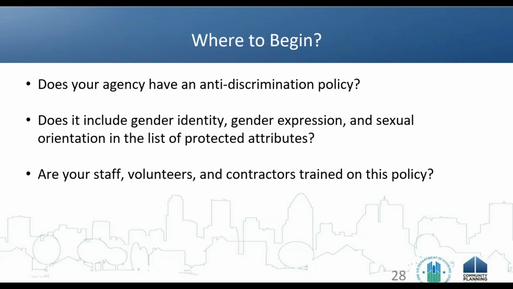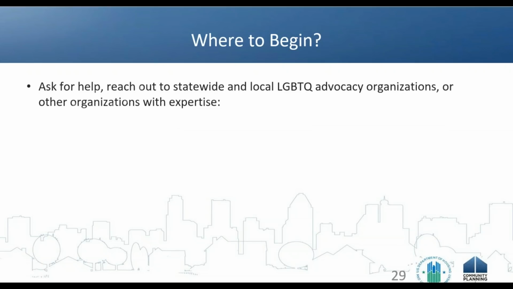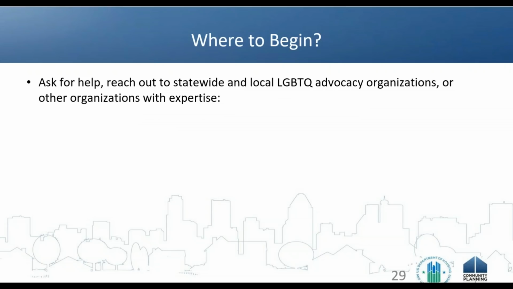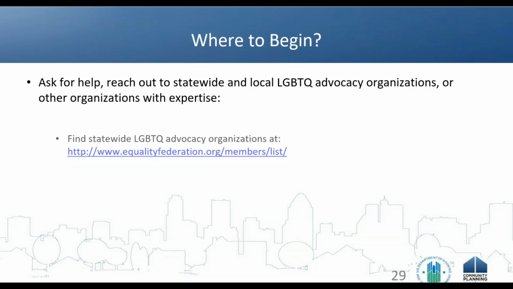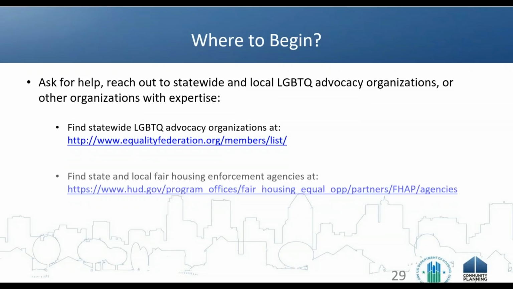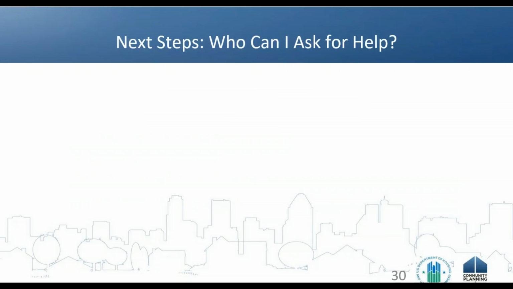But we ask a lot of the COC, and folks in my role and in Abby's role are acutely aware of that. So looking at where to begin, you also have access to other resources. There are other folks in your community, like fair housing enforcement agencies, equality federations, human rights commissions.